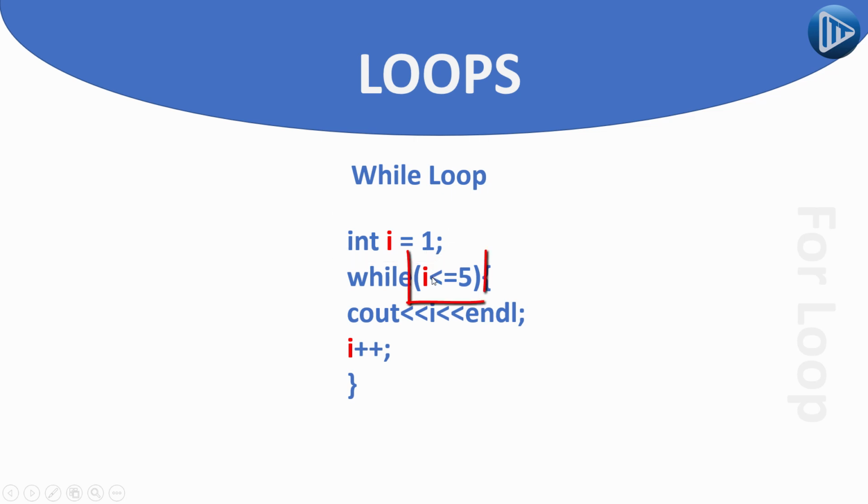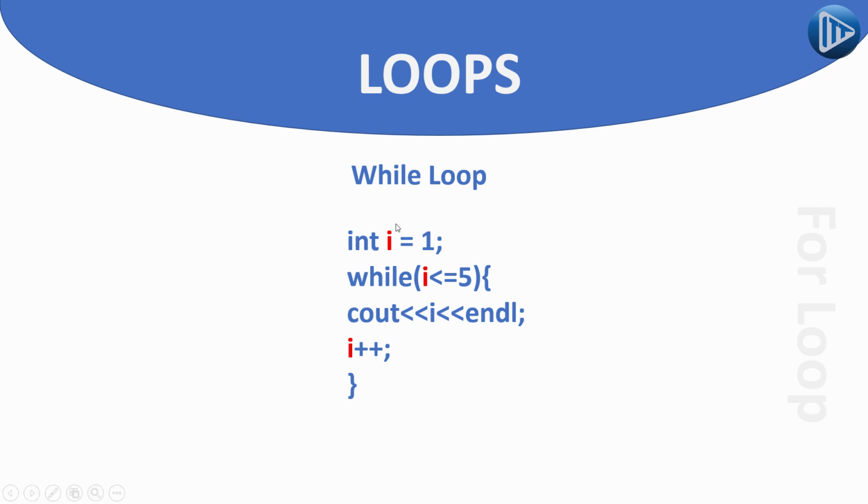The second is the condition, which specifies until when we are going to keep repeating our code. And finally, the third is the update, which changes the variable, maybe increasing or decreasing it, in each loop. So most of the time, we provide the loop with these three pieces of information.